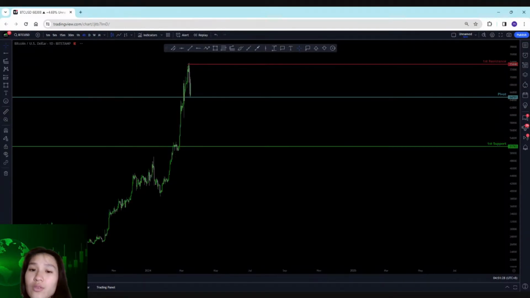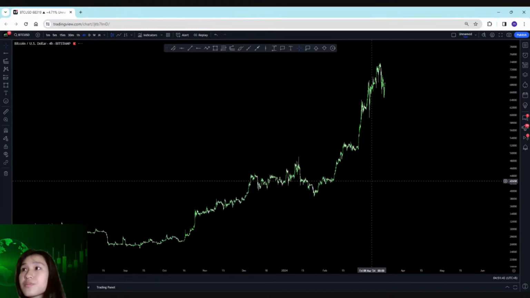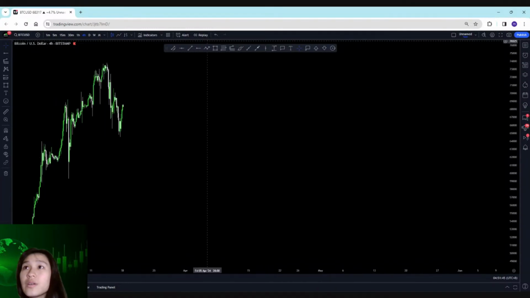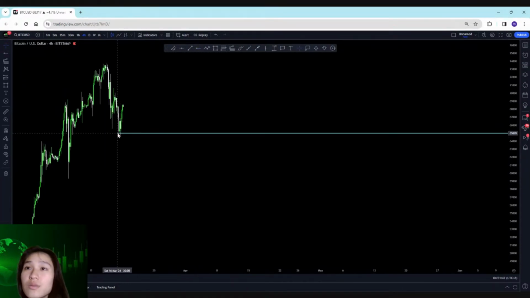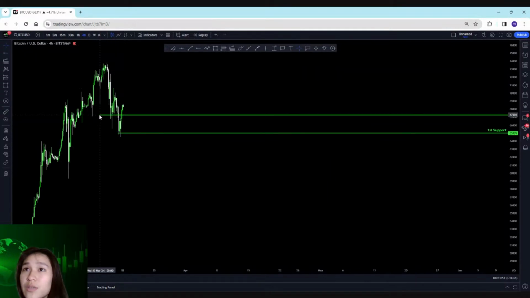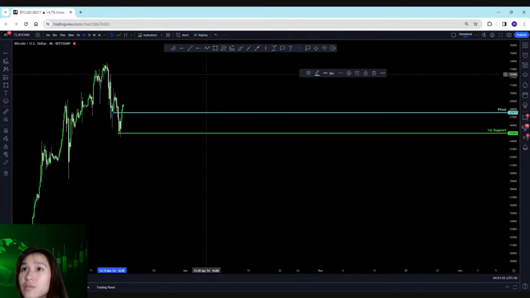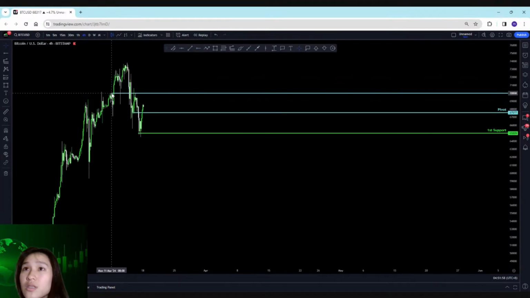Now looking at our 4-hour time frame. My first support over here, pivot over here, and first resistance up here.